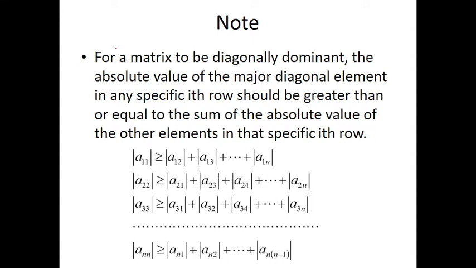Here it is. So according sa statement na to, for a matrix to be diagonally dominant, the absolute value of the major diagonal element. Ano yung mga major diagonal element natin?